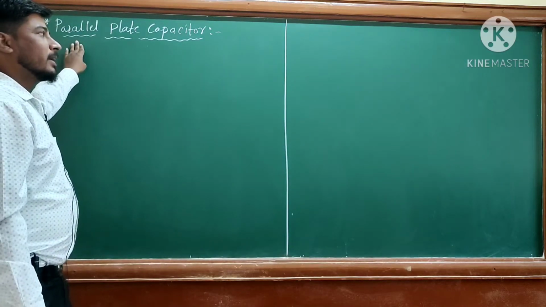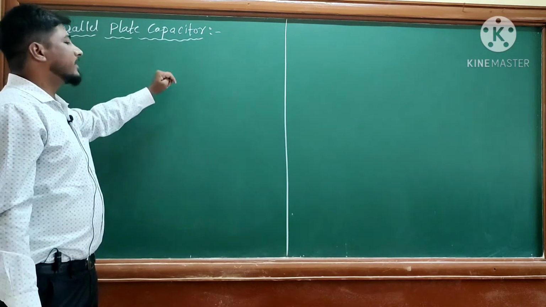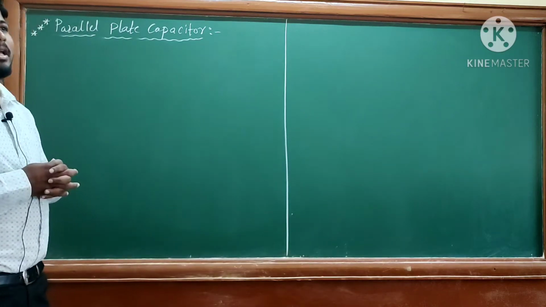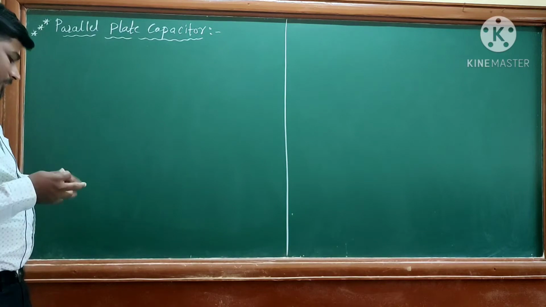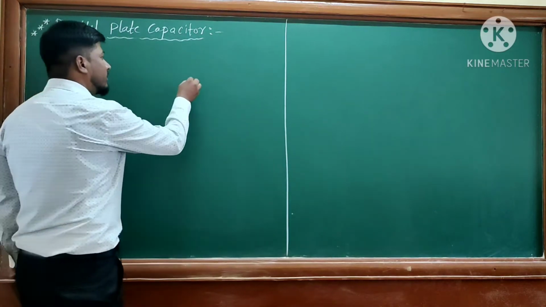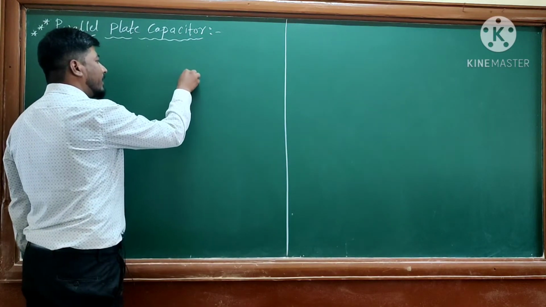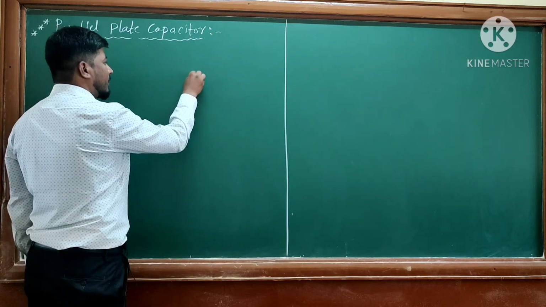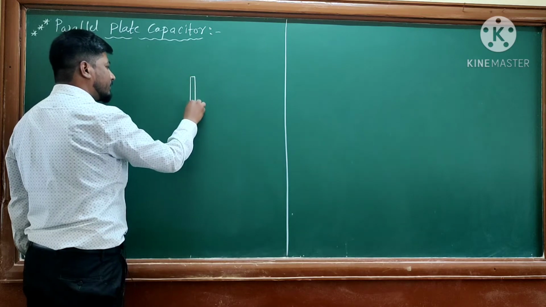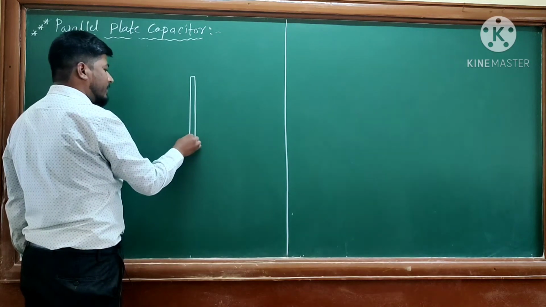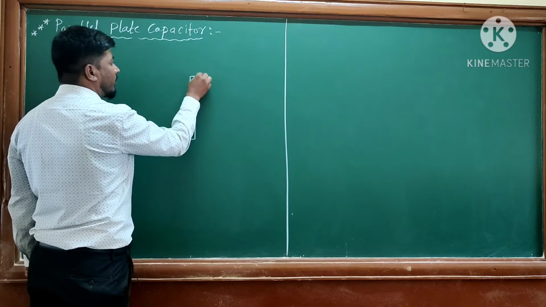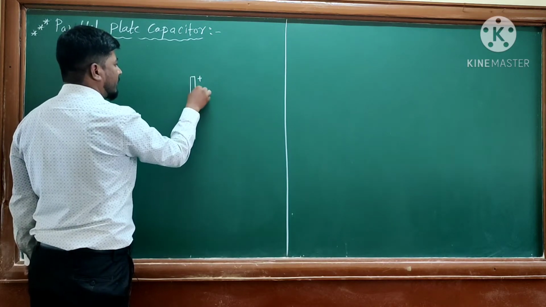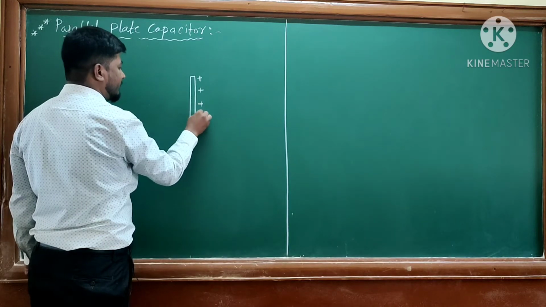So let us see how the capacitance of a parallel plate capacitor is obtained. What will be the capacitance of the parallel plate capacitor? Here I draw a parallel plate capacitor. There is one plate having positive surface charge density.